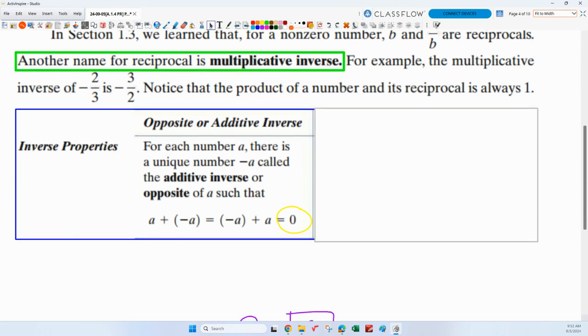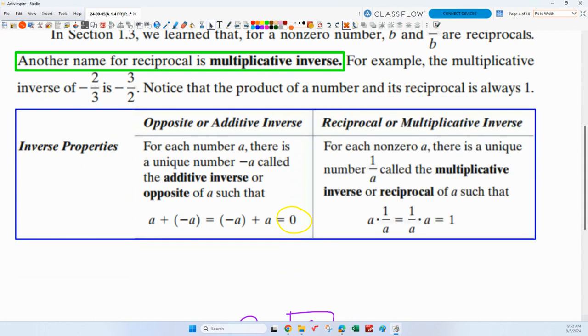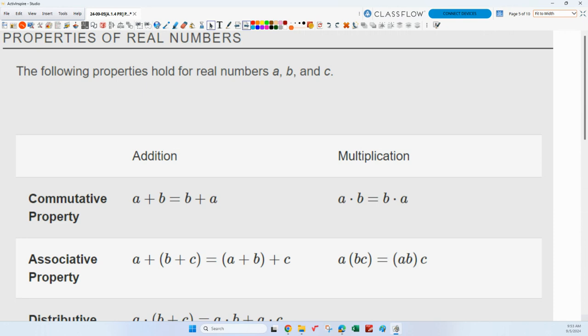So for us to get 1 for an answer, when we multiply, we're going to multiply A by its flip or its reciprocal. Okay? Not so bad, right? That's all the properties we're going to deal with. So let's summarize all of these on one page. There they are, right?